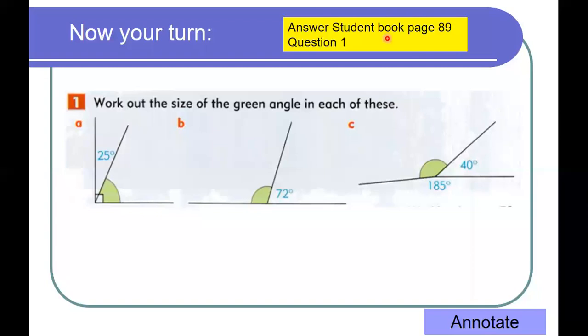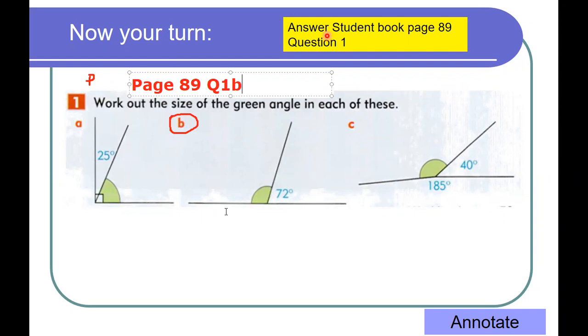Now I'm going to ask you to answer this question. Go back to your student page 89 again. Page 89, question 1. I want you to only solve for angle B, so page 89, question 1, B. That means you're going to solve letter A and letter B in question 1, because this is your lesson, finding the missing angle of a right angle and finding the missing angle of a straight line.